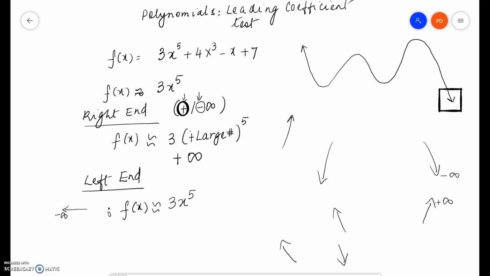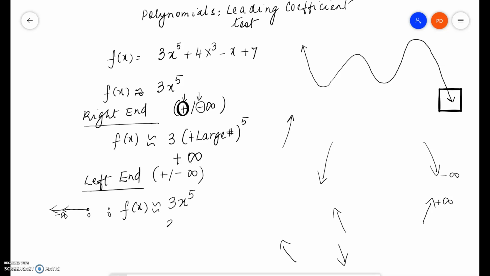So now I have to think about what would happen if I substituted a number far away to the left of 0. Okay, so I know that the end behavior is either increasing continuously or decreasing continuously, which means it either goes off to positive infinity or goes off to negative infinity.